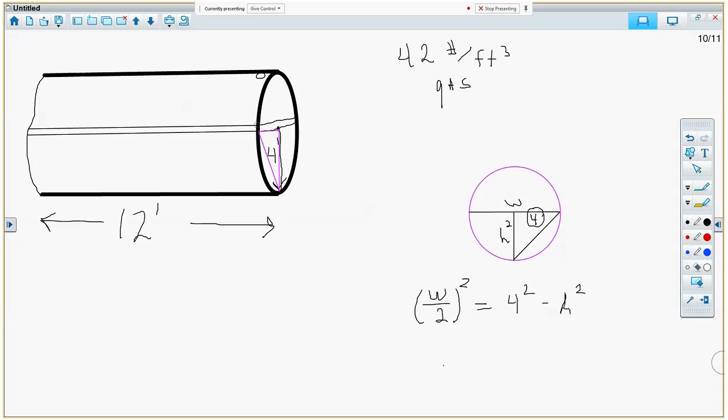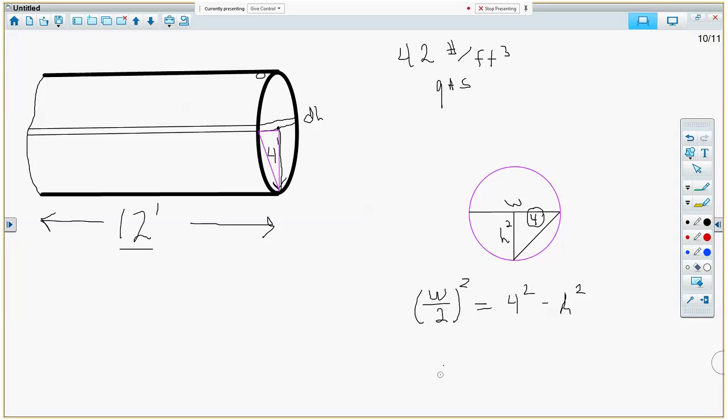Length times width times what? Height, Hubert. So here's your height, H. Here's your length. I'll do that one for you. Your length is 12. So what do you need? Length times width times height. Well, yes, you need the width, which in this case is right there. You're right, I'm sorry.